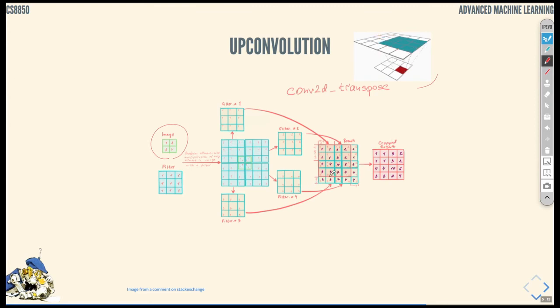And here you can produce a crop. You can crop the result if you need. But the important part is that you can upsample your image, and you can train the filters to be able to upsample your image. That's up convolution. We'll come back to it.